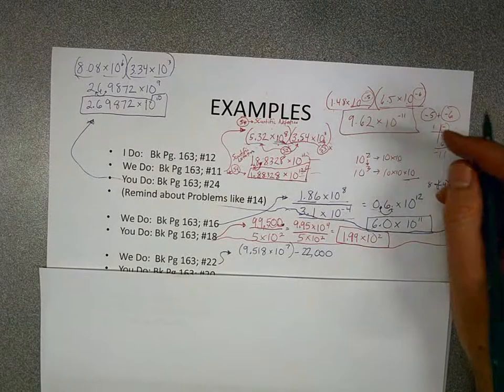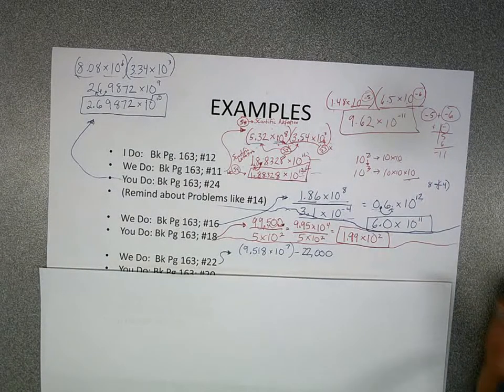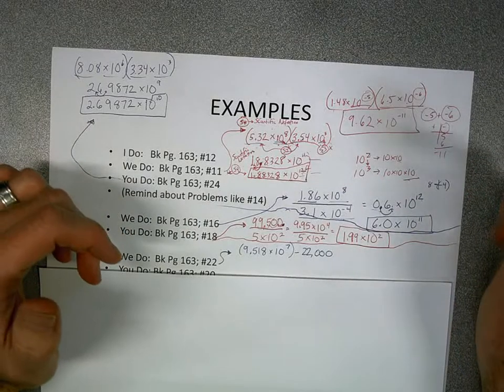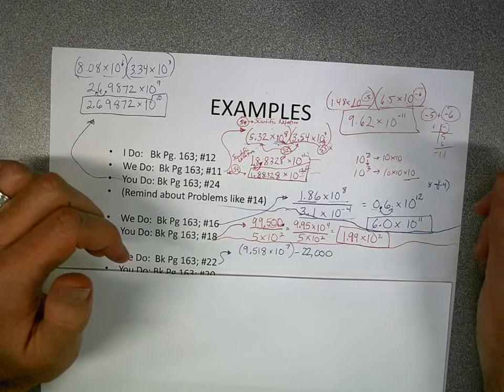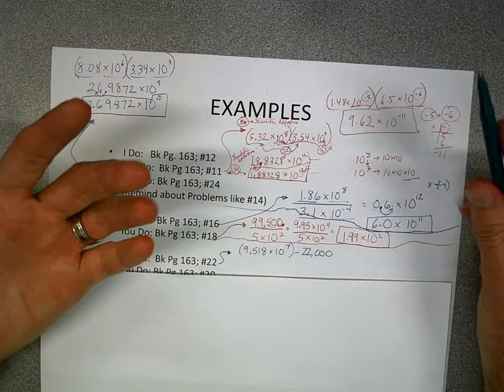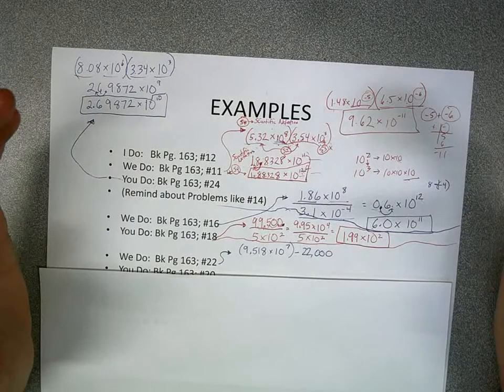Okay. Now, here's the issue. We are now subtracting. Okay? We are now subtracting. And what that means is there's actually a couple of different ways you can do this. I'm going to show you one way that will pretty much work on any of the problems.